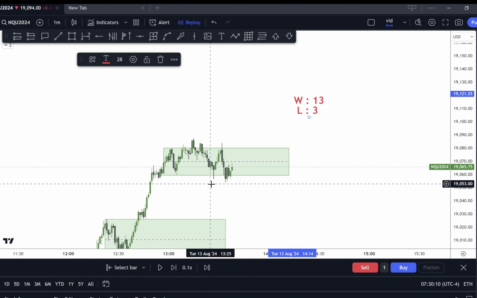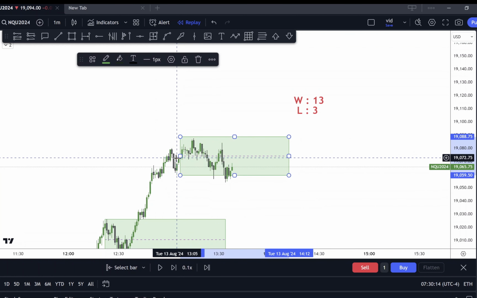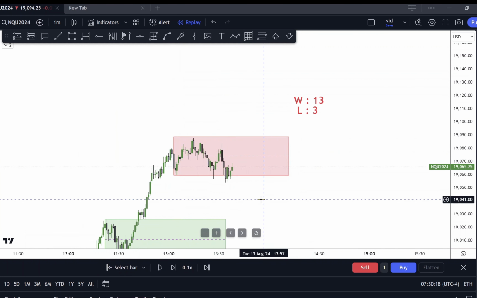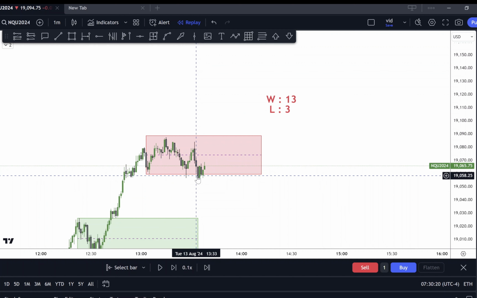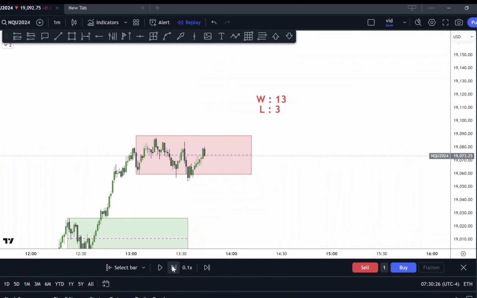So what happened here is we had this new bearish zone, right? So we closed under it here. So if we mitigate this 50%, I'm taking the one-to-one, right?